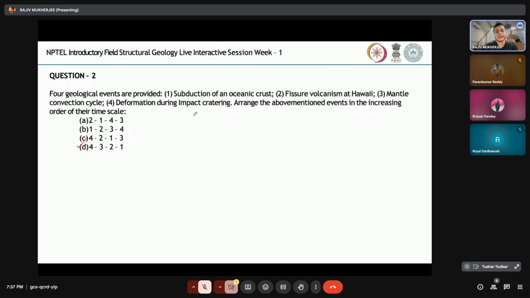because for impact cratering, the time frame that we talk about is just less than a second. So that's how fast the deformation takes place.